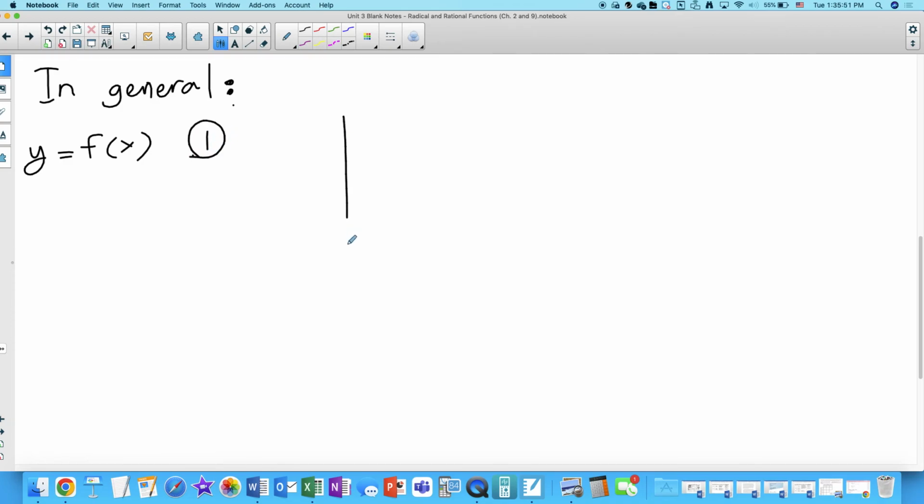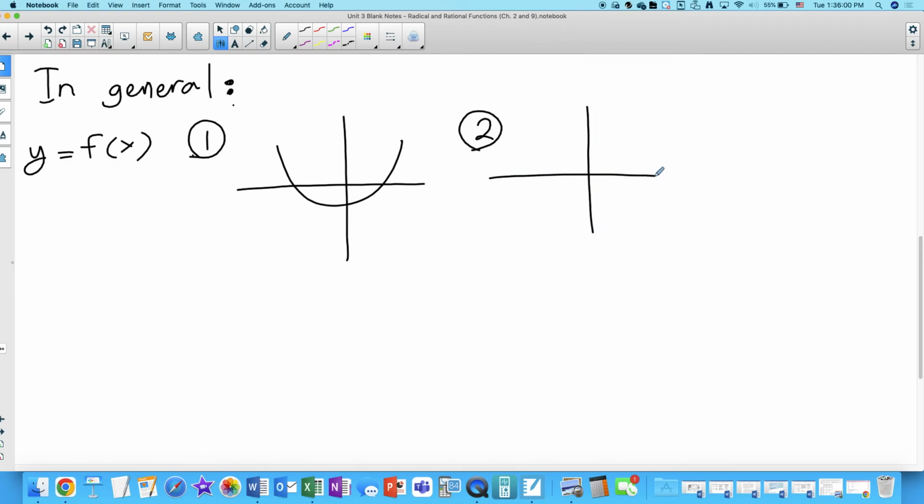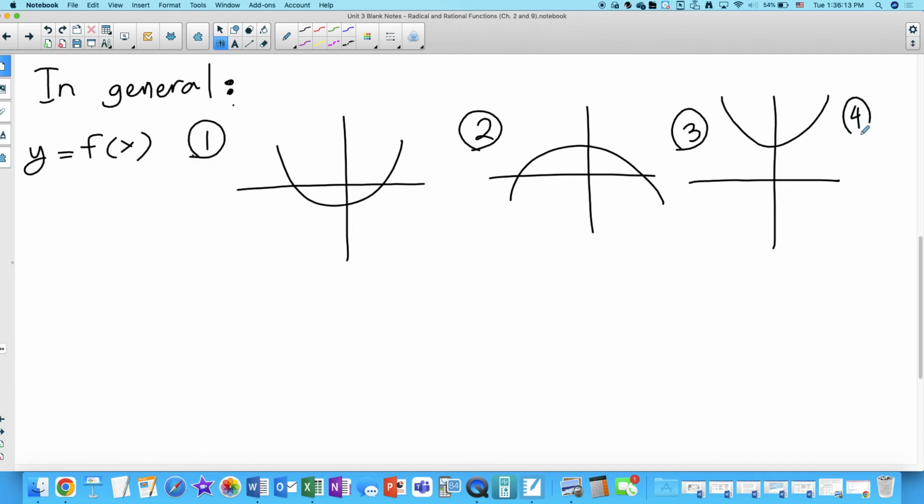So we could see this. We could see this. We could see this. Or we could see this. I'm going to have to squish it, but it's okay because we're not going to have to write much for the radical one, right?